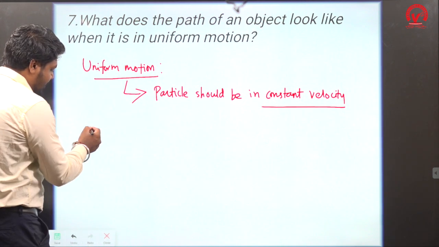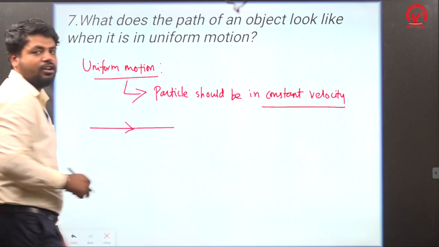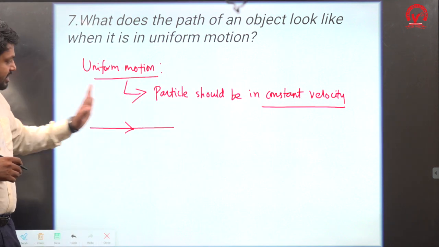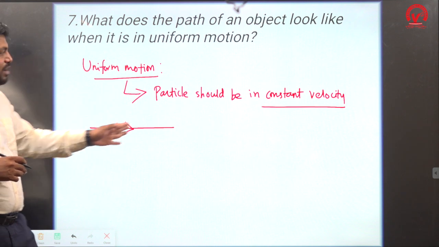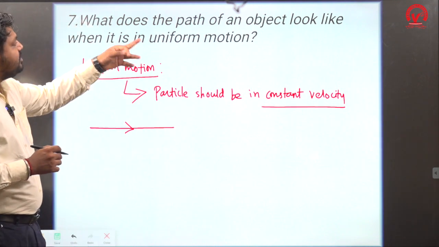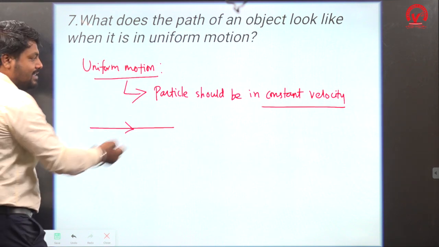Okay, a particle travels straight, which means the particle travels in the same direction throughout its journey at the same speed. The direction is the same, the speed is the same, then you can say it is a constant velocity, right? So when the object travels in the same direction, its path looks like a straight line.